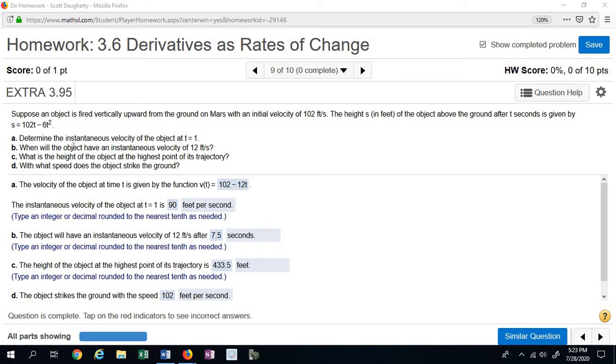But what we're supposed to determine is not the position of the object when t is equal to 1. We're supposed to find the instantaneous velocity of the object when t equals 1. Okay, but to find the velocity, we need the velocity function first. And if you're given a position function, you can find the velocity function by taking the derivative of it.